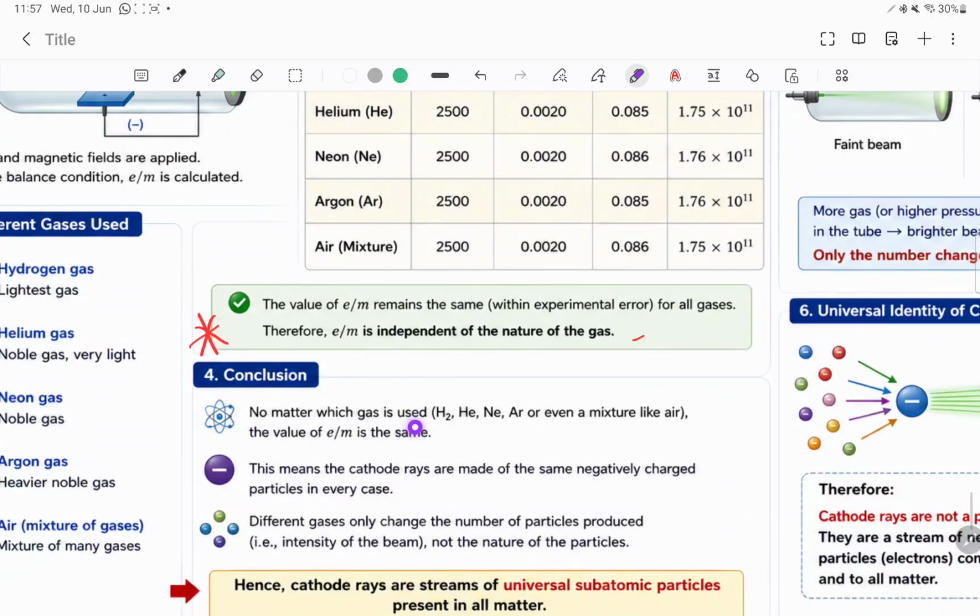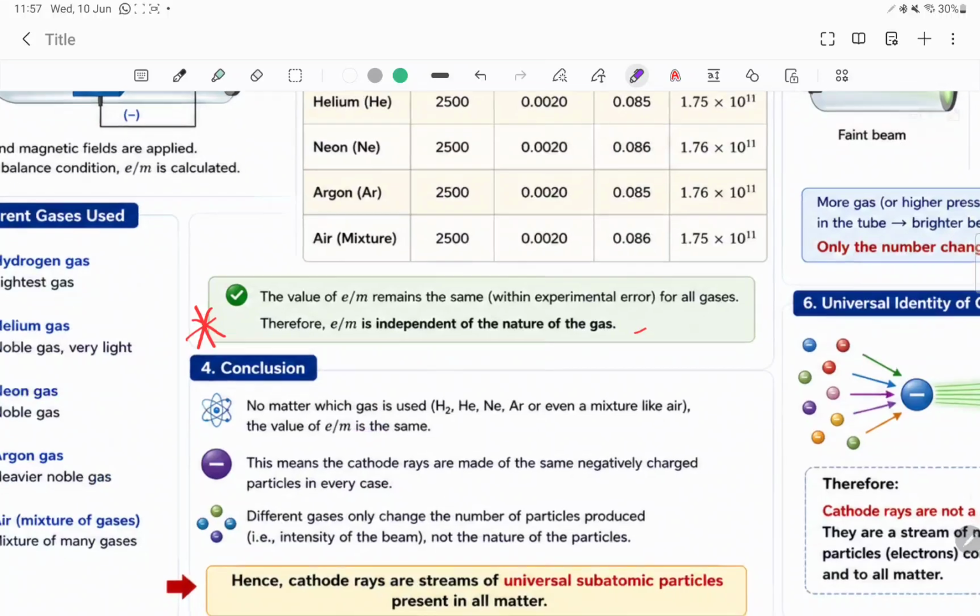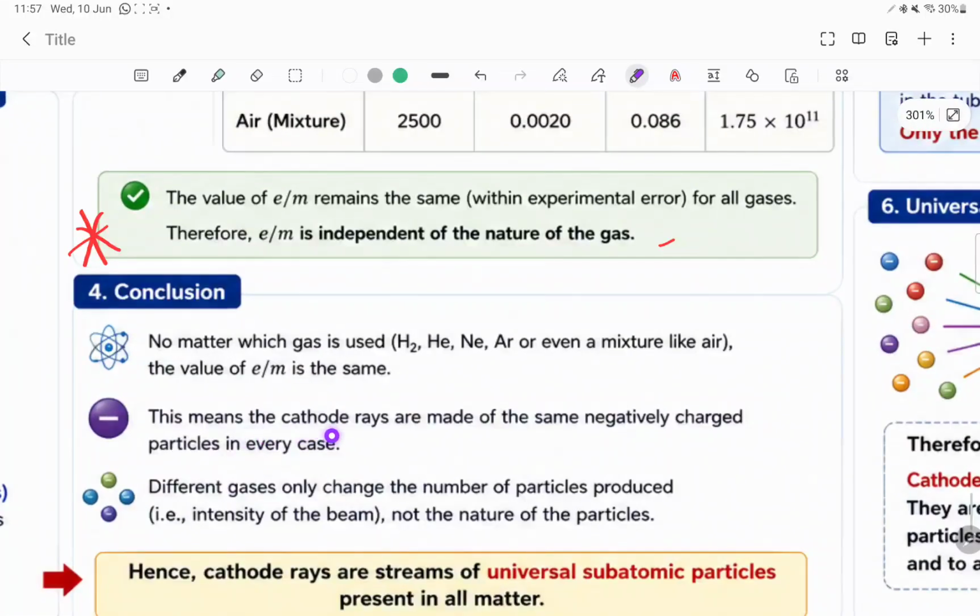So no matter which gas you use, the value of e/m is the same. This means the cathode rays are made up of the same negatively charged particles in every case. Different gases only change the number of particles produced because their valence electrons are different. The number of electrons coming from the atoms may be different, but they all are negatively charged particles.